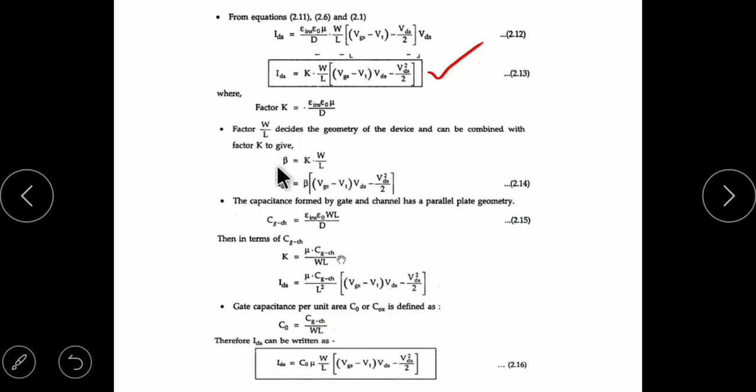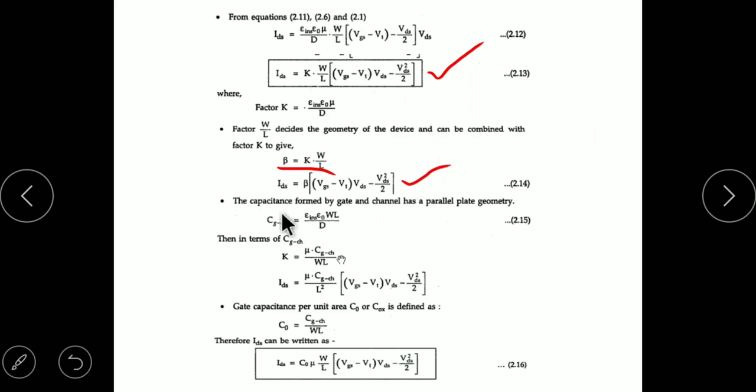And if you let beta be equal to K into W by L, beta is a constant here, so this will be replaced by beta into VGS minus VT into VDS minus VDS square by 2. This is another alternate form in the non-saturation region.